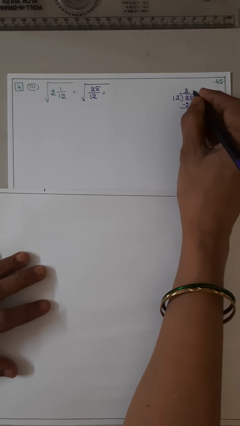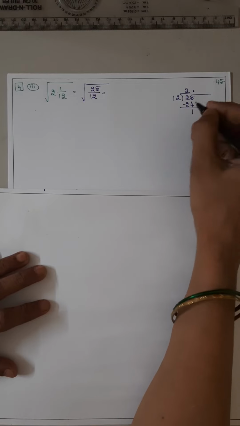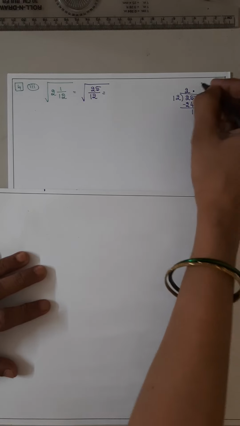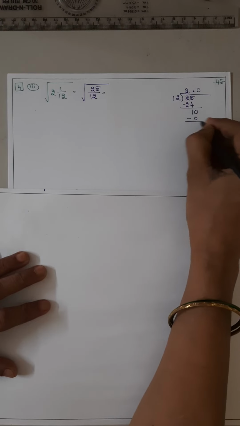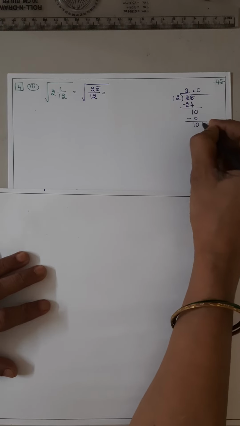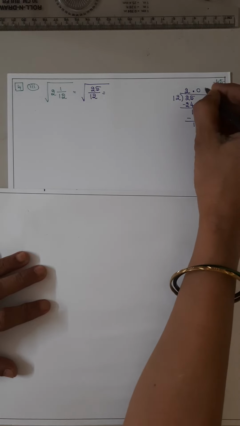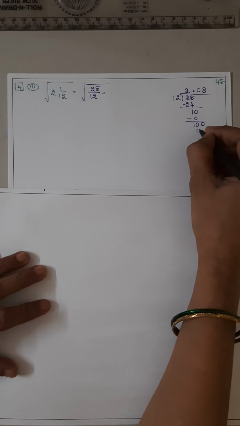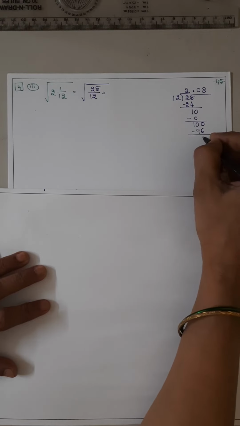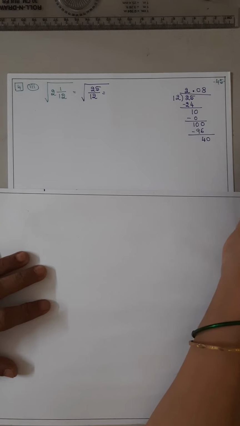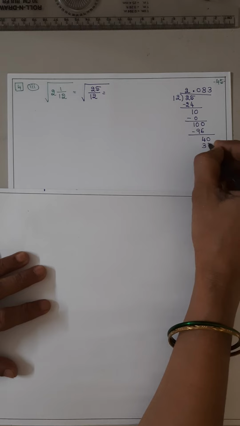1 remains. Immediately put the decimal. Take extra 0. 12 zeros are 0. Now 10, extra 0. 12 eights are 96. Now 4 remains, extra 0. 12 threes are 36.